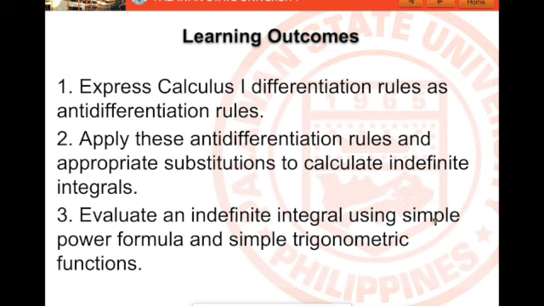So in differential calculus, I know you learned about the simple power formula for differentiation. So maybe you have an idea now. We just need to reverse that theorem in order to get the simple power formula for evaluating indefinite integrals.